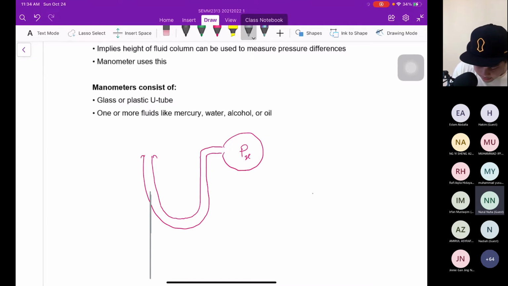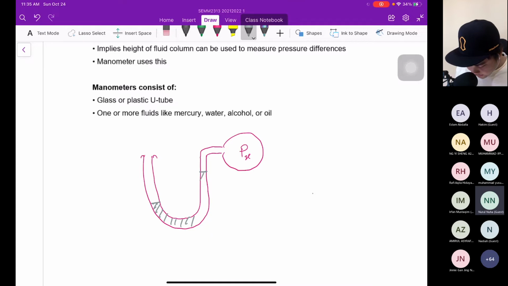Let's say this is already under pressure, so we fill up with mercury. Let's say this is our mercury.